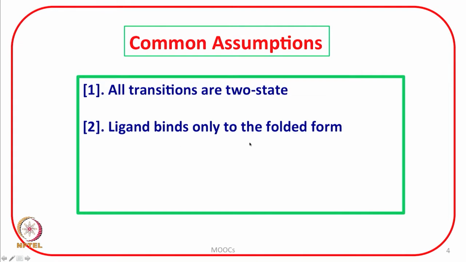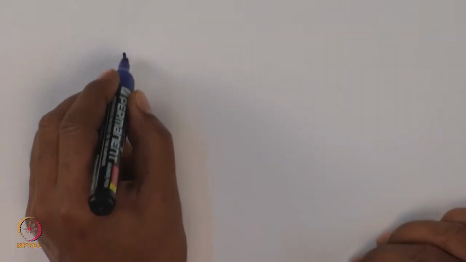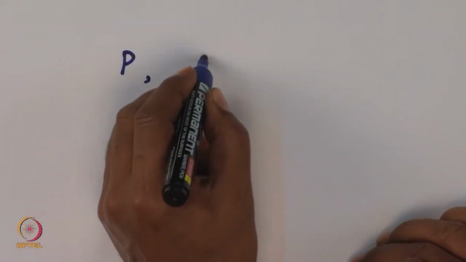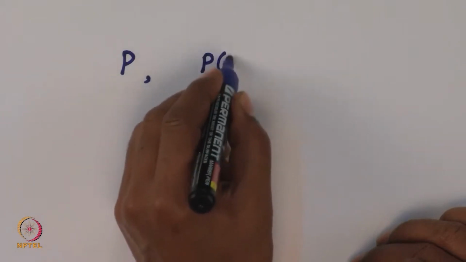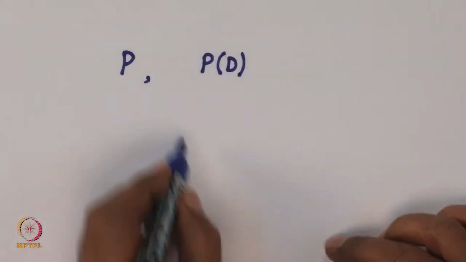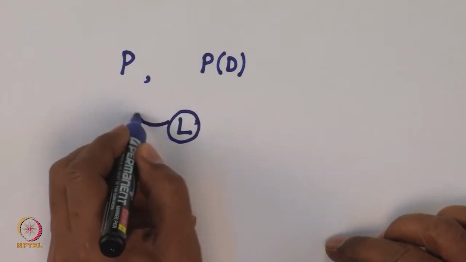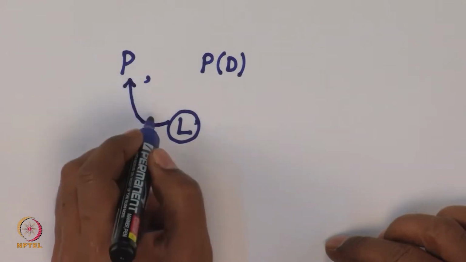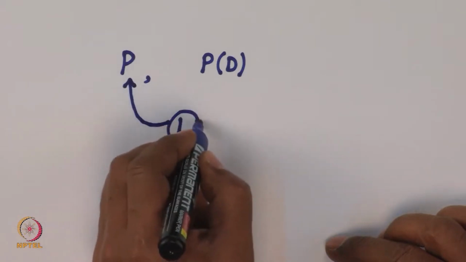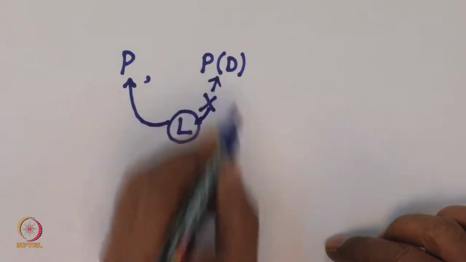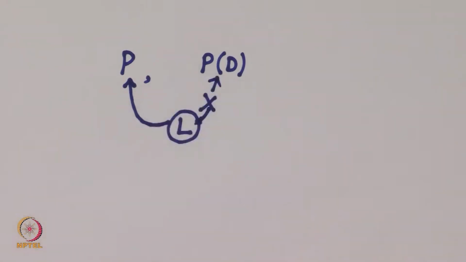In other words, if I have P and P denatured in the mixture and I add a ligand, the ligand has affinity only with the native form and does not bind with the denatured form. That is the assumption.